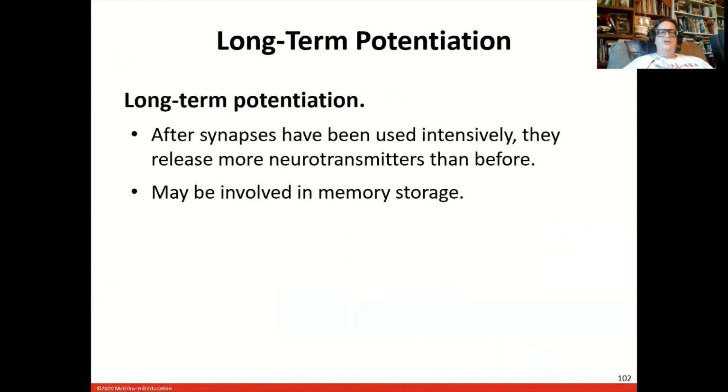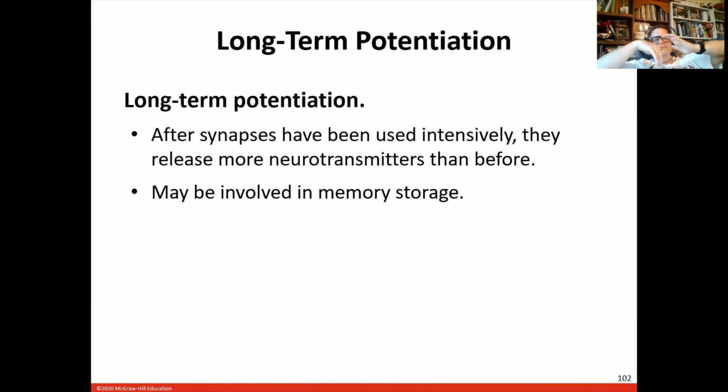All right, long-term potentiation. After we've used a connection, remember a synapse and a synaptic cleft, we have the axon terminal here, and we have the thing that it is communicating with right here. That'd be the next neuron in this case.